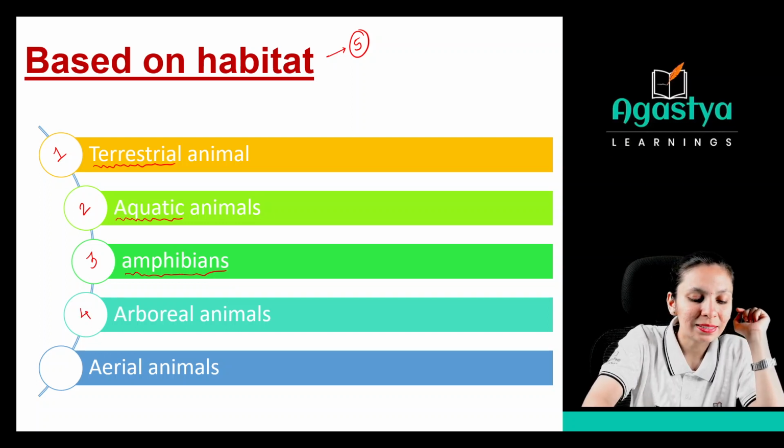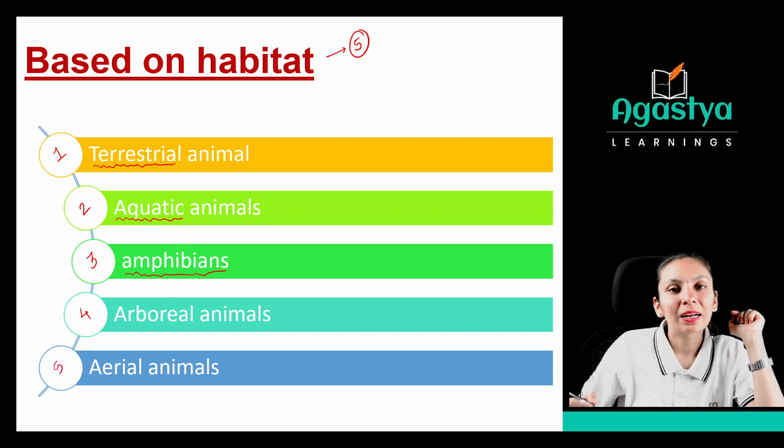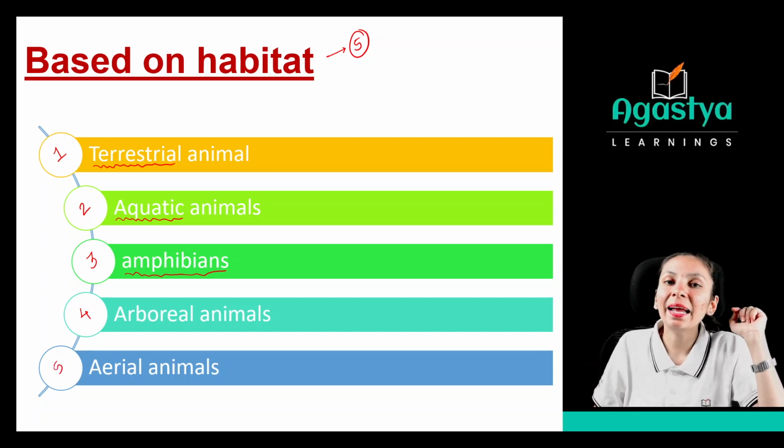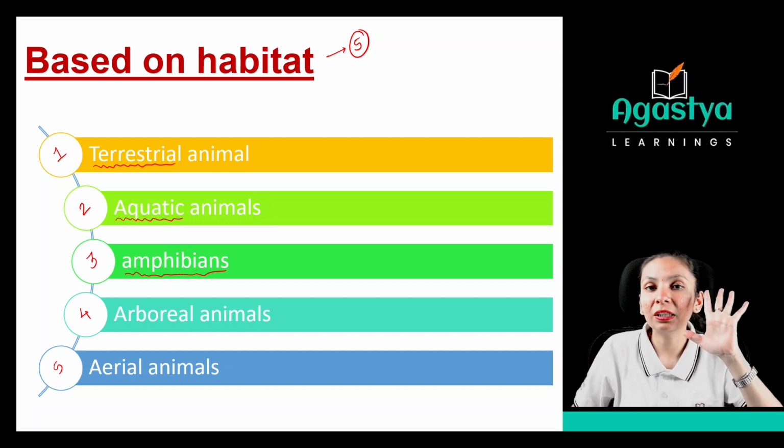The fourth one is arboreal animals. How will you pronounce? Arboreal animals. And the fifth classification type, that is aerial animals. So there are mainly five types of animals based on their habitat.